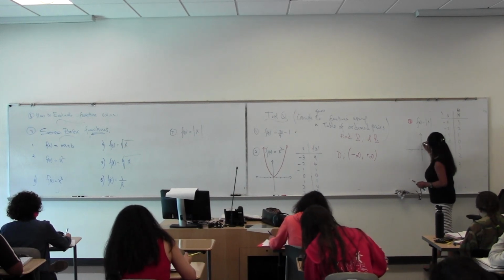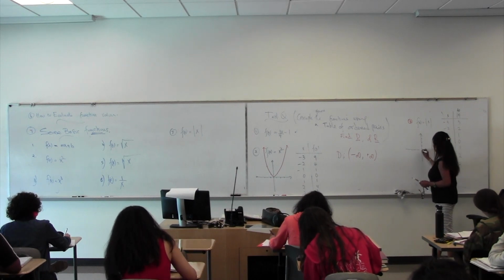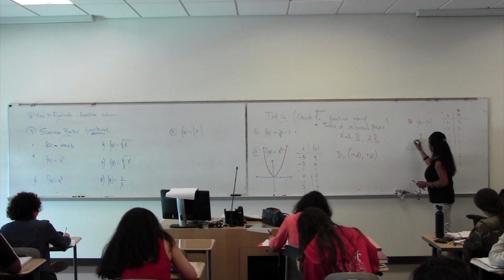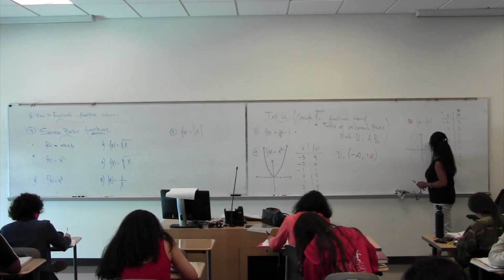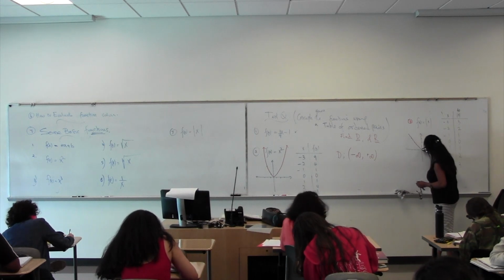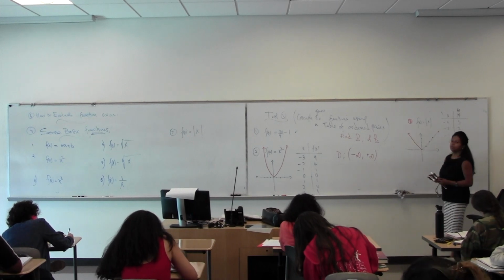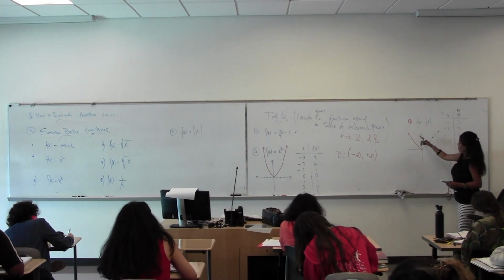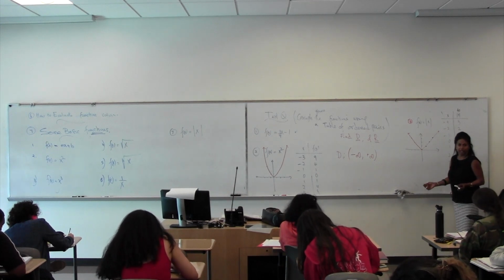Locate these values on the coordinate plane: negative 1, 1; negative 2, 2; negative 3, 3; positive 1, 1; positive 2, 2; positive 3, 3. So the absolute value graph goes like this, guys. This is always the absolute value function. You see this? Very easy, right?